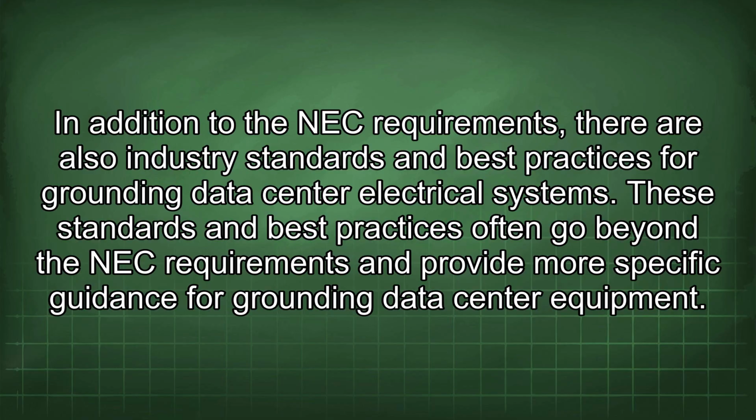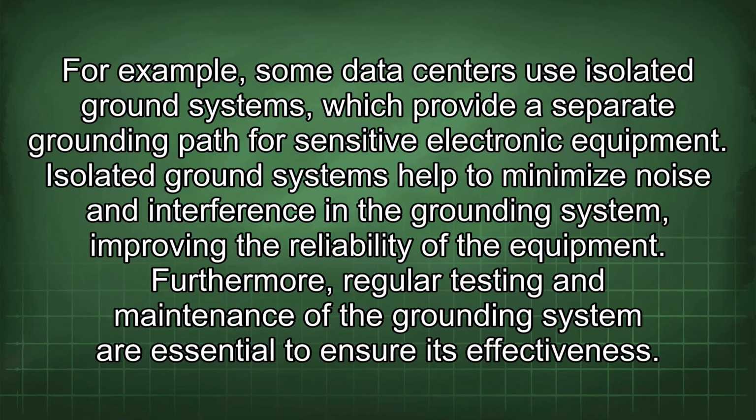These standards and best practices often go beyond the NEC requirements and provide more specific guidance for grounding data center equipment. For example, some data centers use isolated ground systems, which provide a separate grounding path for sensitive electronic equipment. Isolated ground systems help to minimize noise and interference in the grounding system, improving the reliability of the equipment.